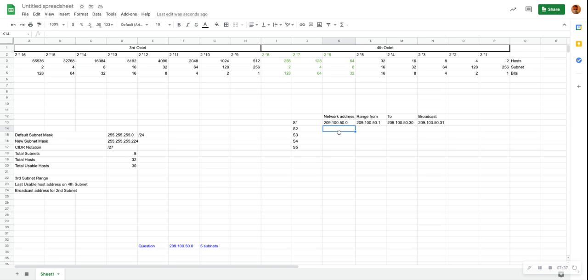Okay, so our next subnet address is .32. And like I say, in an exam scenario, it may be better to do this in a simple form like this. 96, and then 128. Then again work back from there with the broadcast addresses. So you want this one to be 63.